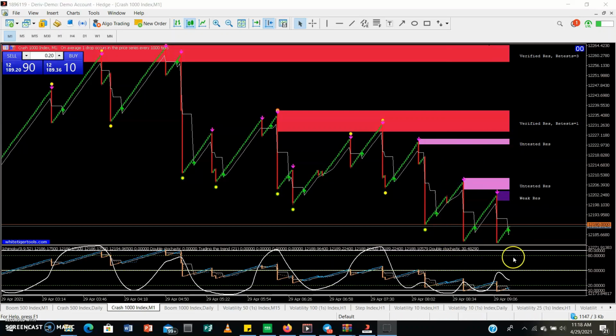So if you take a look right at this corner, you will realize that it had marked this level as a resistance zone, right? And then you will realize that price dropped, and then came back but failed to reach that resistance zone, which means it became an untested resistance zone.